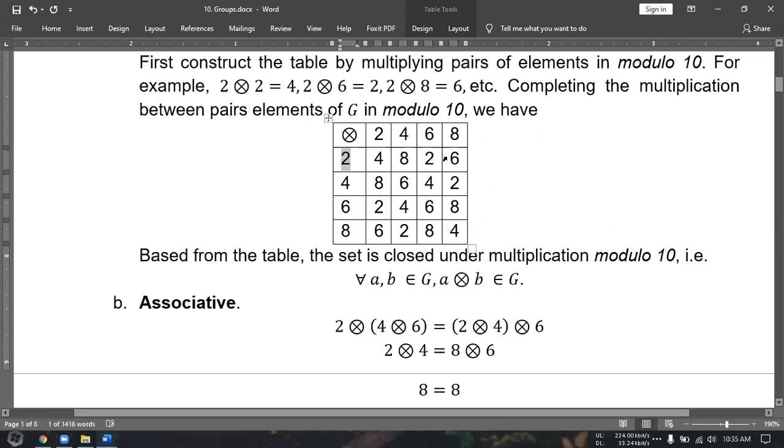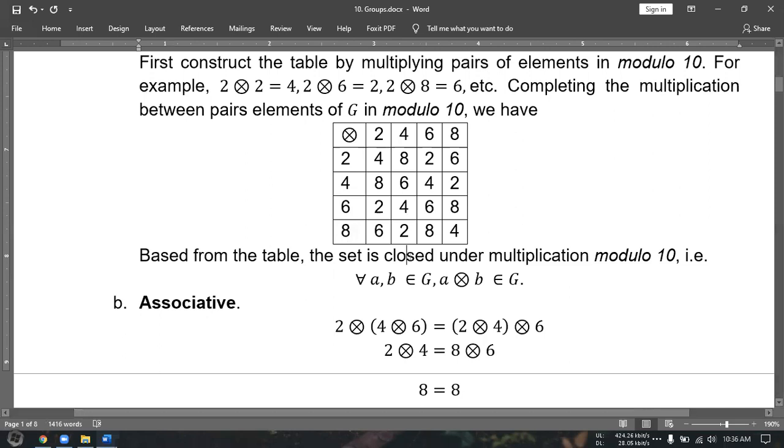How about 4? 4. Inverse of 6? 6. And inverse of 8, we have 2. So every element of the set G has their inverse.